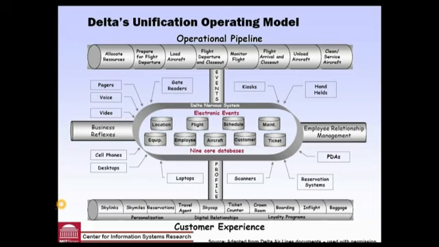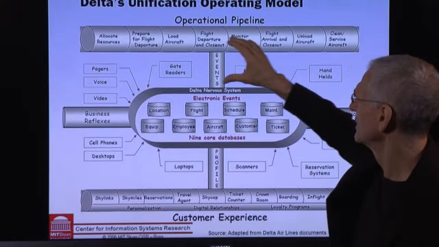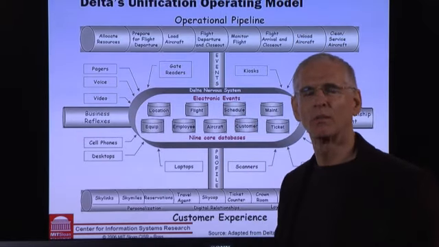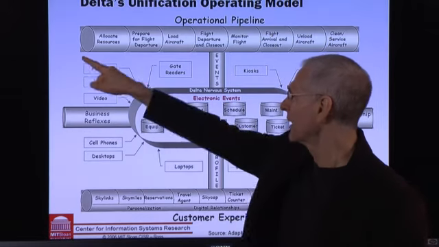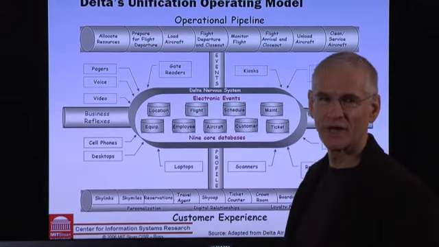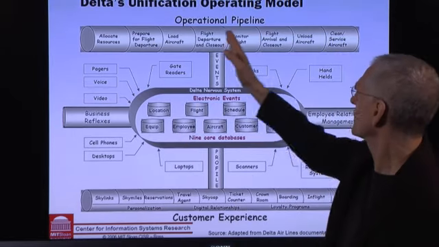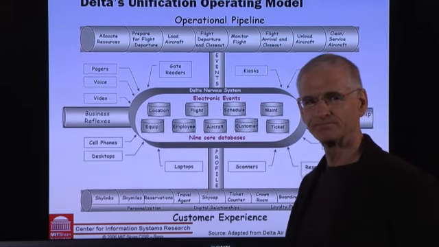Parallel this with the operational pipeline at the other end, where you've got all the movements of aircraft, the maintenance of aircraft, preparation for flight, monitoring flight, unloading aircraft. These are, of course, all processes, input, output, transformation, where the output of one is input into another. These occur in the physical world.